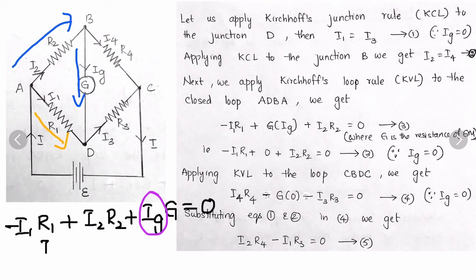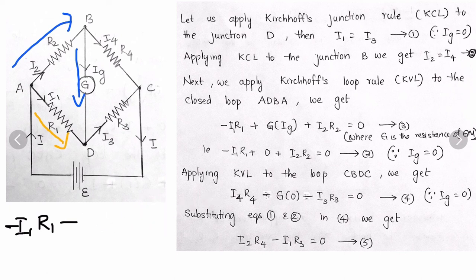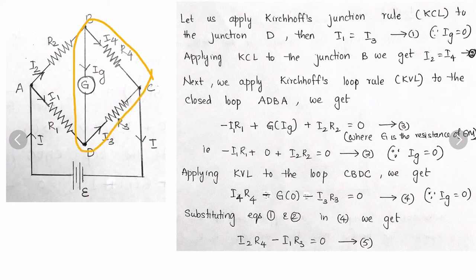Now let us apply KVL, Kirchhoff's Voltage Law, to the loop CBDC. So this is the loop. In this, we are always following the notation clockwise as positive, anti-clockwise as negative.